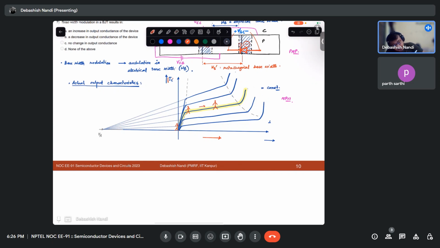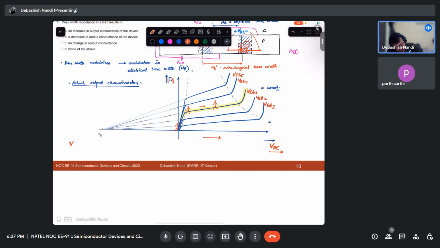This is your mod IC. Let's say this is your VEB5, VEB4, VEB3, VEB2, VEB1, and this is your VEC. This is also for your PNP transistor. Let us take it in this way.